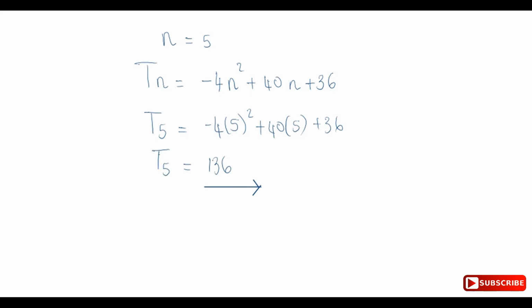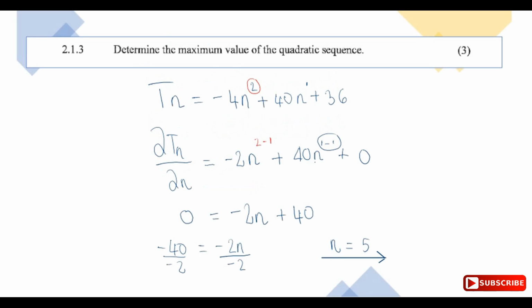Or guys, you can simply use this formula by thinking of the quadratic function, right? We know that when we're working with the quadratic function, it is always in the form f of x equals ax squared plus bx plus c. This resembles the form of a quadratic function, right?